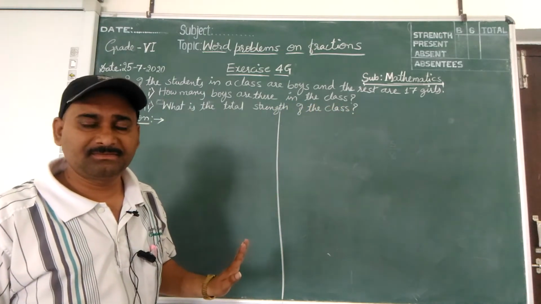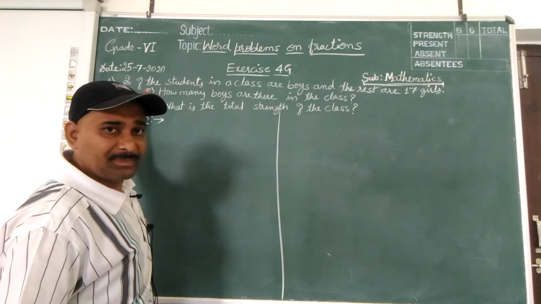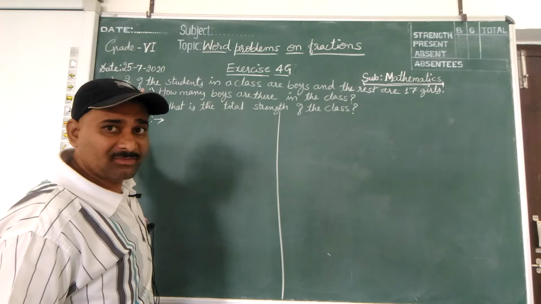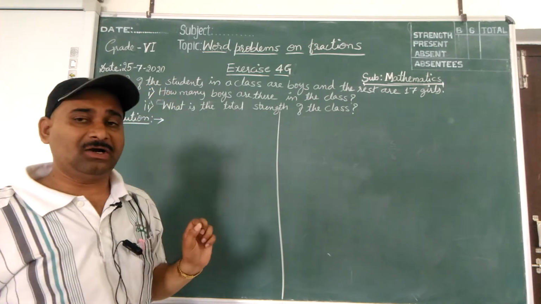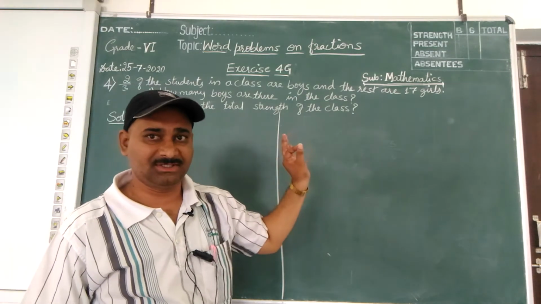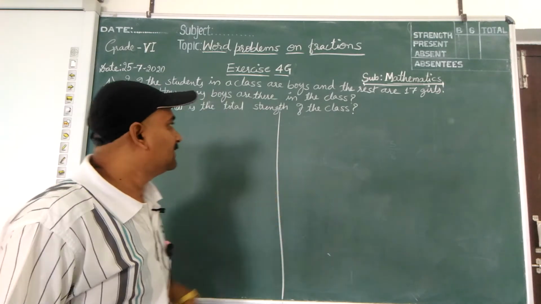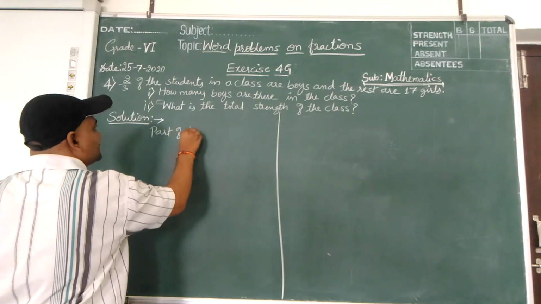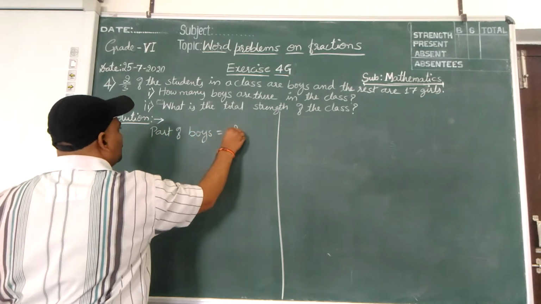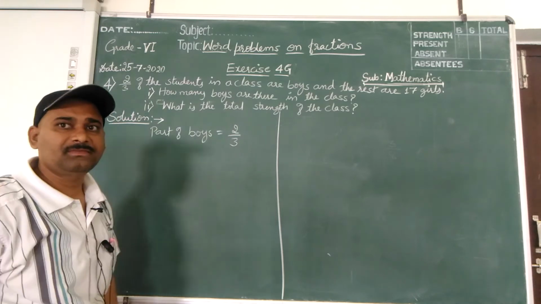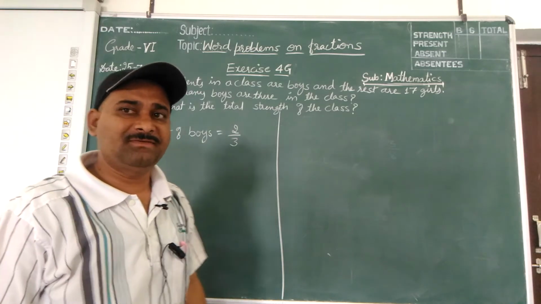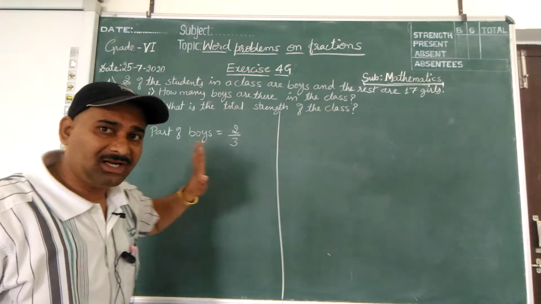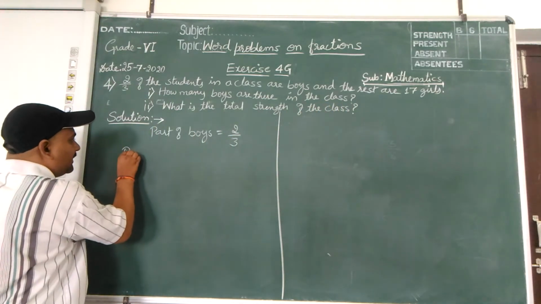The question is the same. One part is given in the form of a fraction, 2 by 3 parts are boys, and we should first find out the part of girls. Correct? So here the part of boys is given as 2 by 3. So we should find out the part of girls. Of course, the number of girls is given, that is different, but we should find out the part of girls.